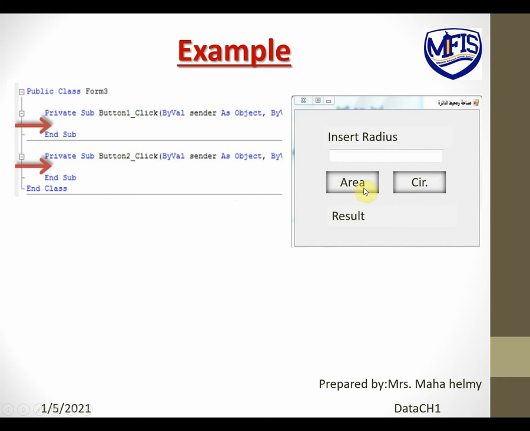The first thing to do is the declaration of the constant in the first button, which is the area button, to calculate the area of the circle. At the beginning, we have to declare the variable radius, and we have to declare the constant, which is pi. The declaration rule of the constant is Const pi As Single = 22/7 or 3.14.